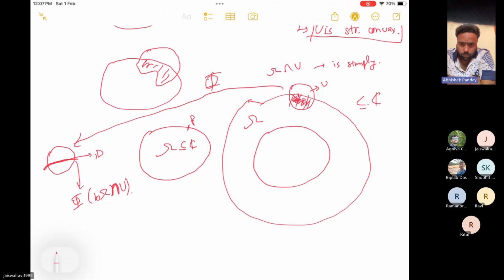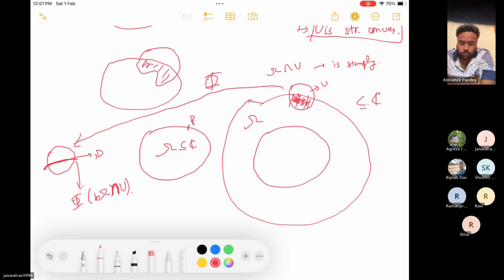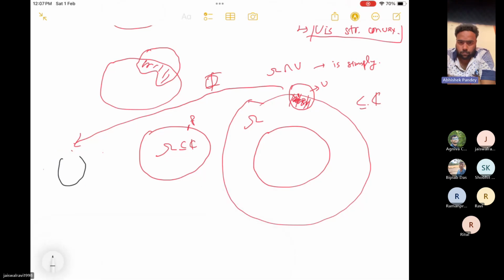Let me write again. So this is phi of omega intersection with U. We can also take U such that omega intersection U is at least a C2 domain.